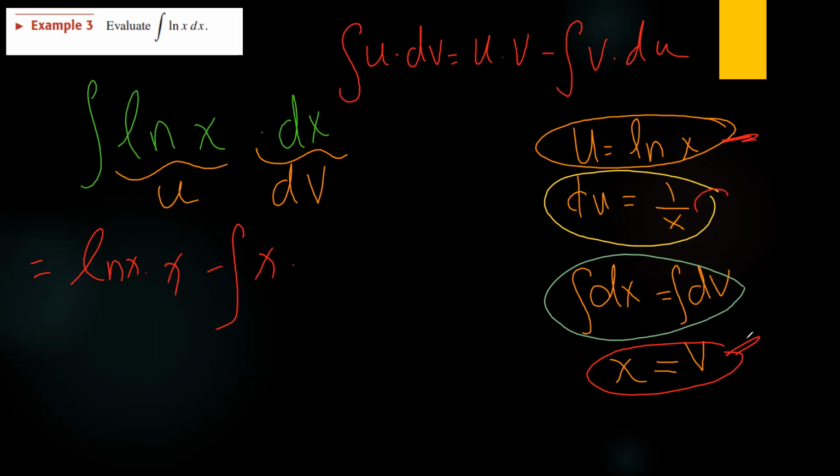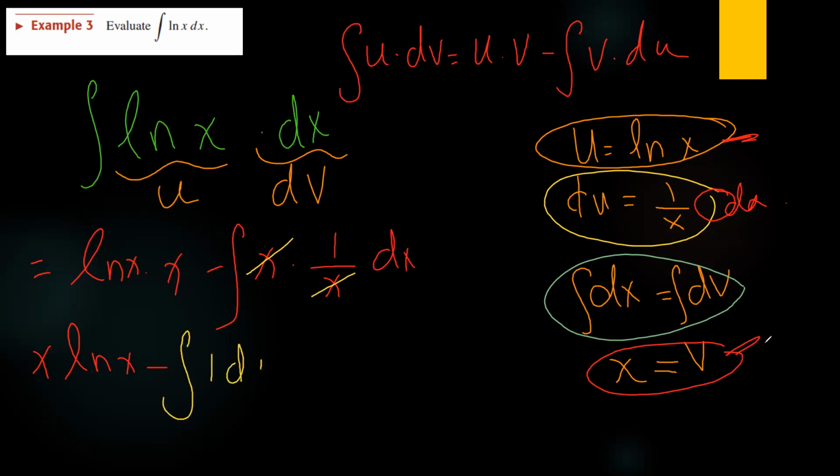Where's du here? It's 1 over x dx. Then x ln x minus the integration of x times 1 over x. Before you integrate, check if you can simplify. Yes, I can simplify them as 1. So it comes like integration of 1 dx.